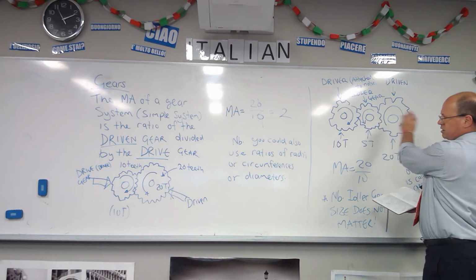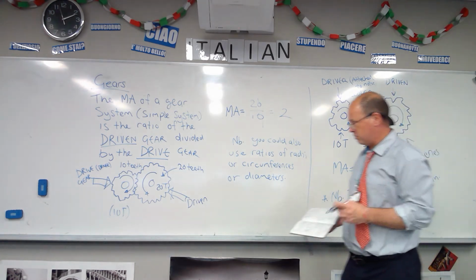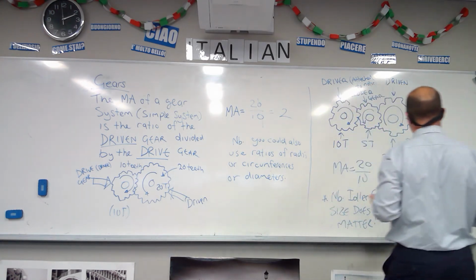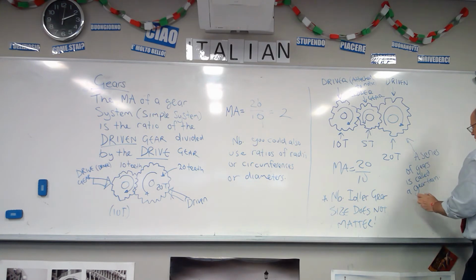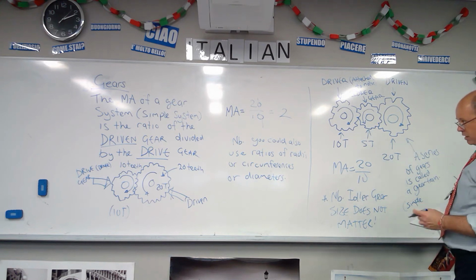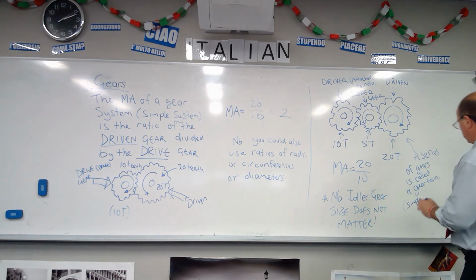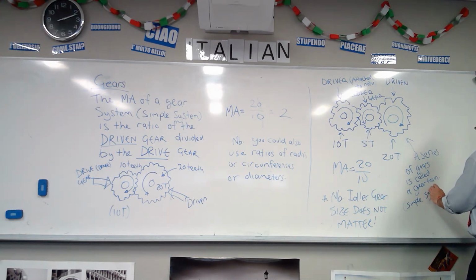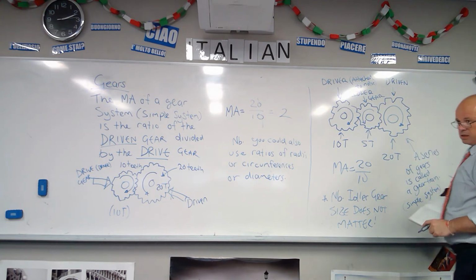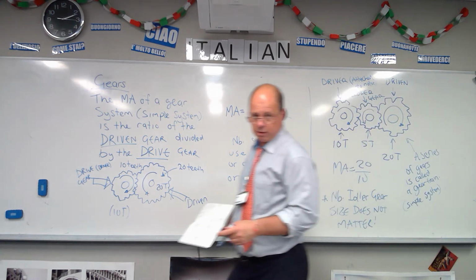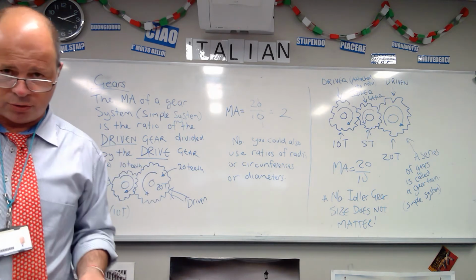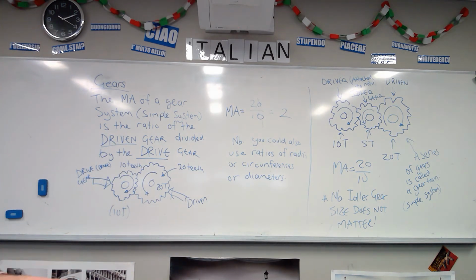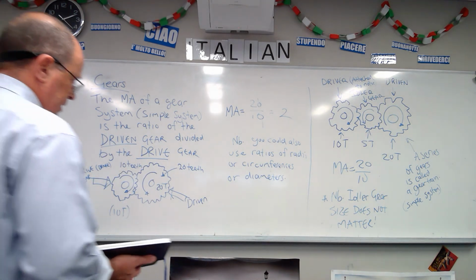Because like a train, they're just attached to each other, and it's a series of gears. It's called a gear train, and it's a simple arrangement of gears. So it's a simple system, not a compound system, which we talk about in our next example. So what I suggest you do is you pause the video and you just get that information down.